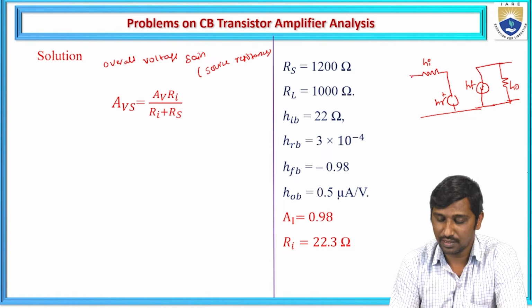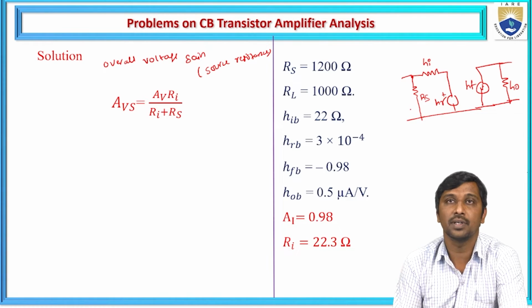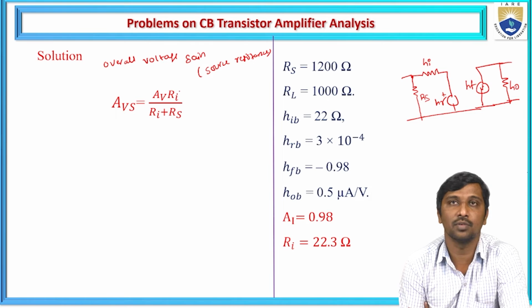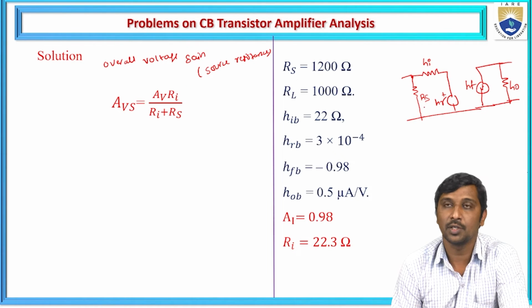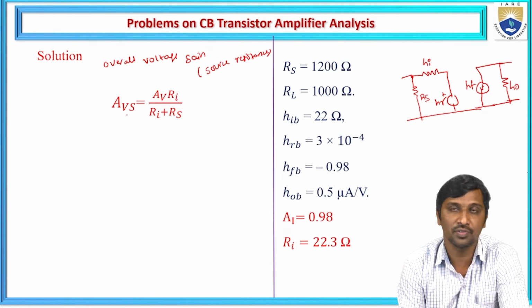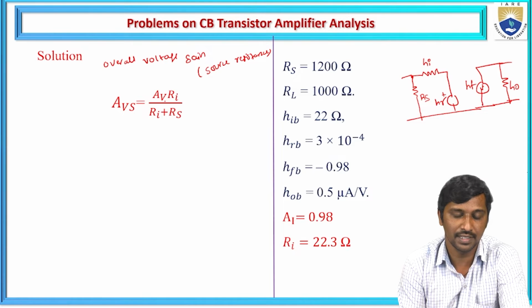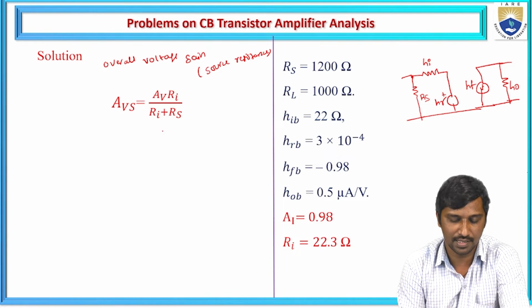So at the input side, I'm going to place a source resistance, that is Rs. So if you want to calculate the overall voltage gain or overall current gain, we need to include this source resistance. Hence, the voltage gain along with the source resistance is defined as the ratio of the voltage gain with the Ri to the input resistance along with the source resistance.